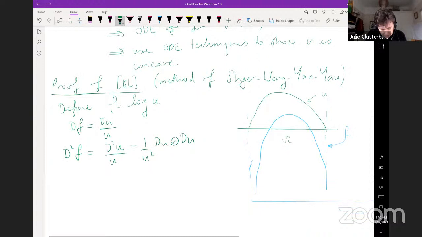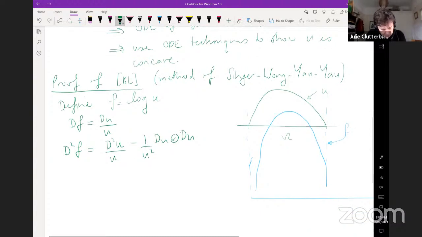And in fact, we can write this as 1 on u d2u minus df cross df.